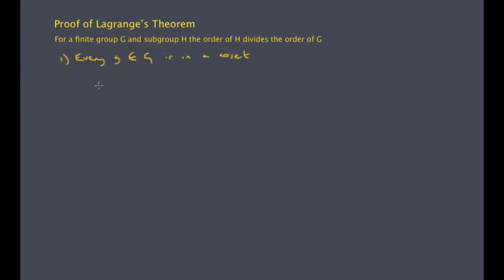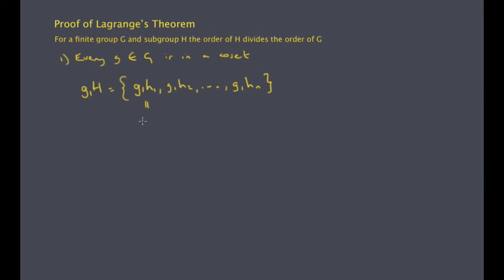And to see this, we just construct the coset again. So let's look at our G1 coset, and it's G1 multiplied by all the elements of the subgroup H. Now, because H is a subgroup, it will contain the identity. So arbitrarily we'll decide that H1 is the identity. So our coset is G1H1, G1H2 all the way to G1Hn.